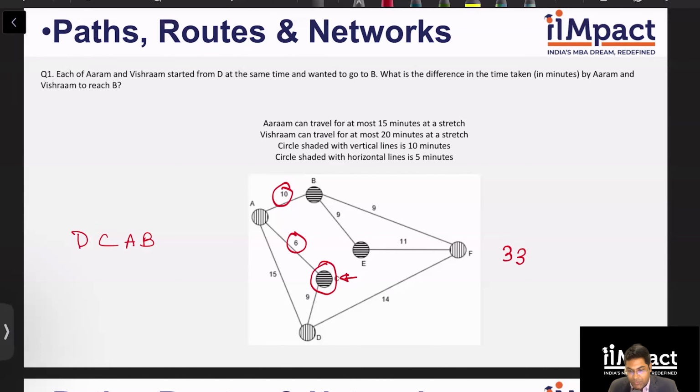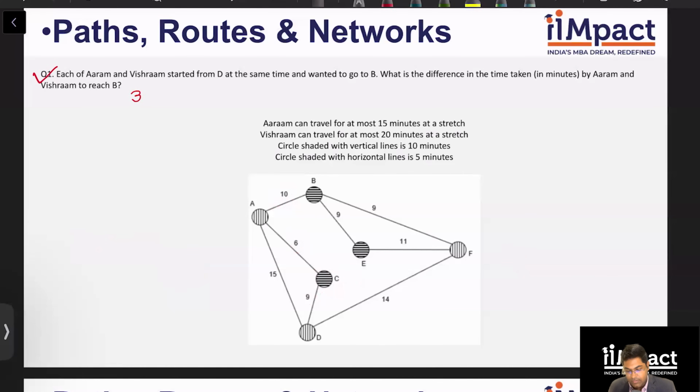So Vishram can go 9 minutes, then 5 minutes, and then 16 minutes. So total 30 minutes. Whereas, of course, this luxury is not there with Aram. And therefore, the difference in time will be 3 minutes. Are you clear how to think on such questions? You don't actually have to make all the routes and all the possibilities and really compare. That's a waste of time. Be smart. Be deductive.